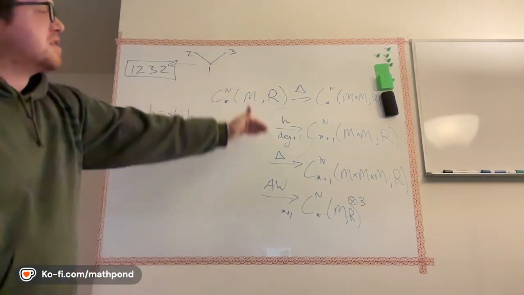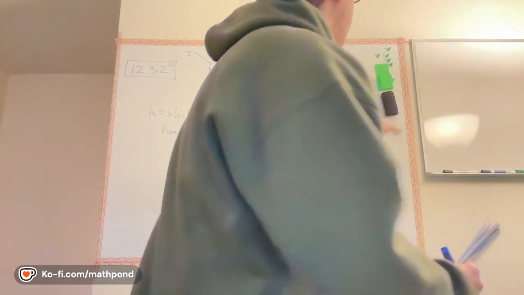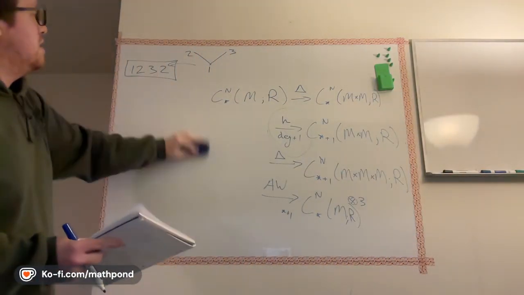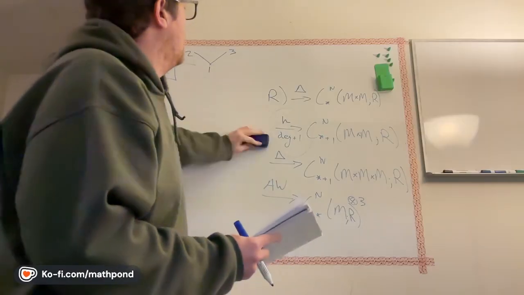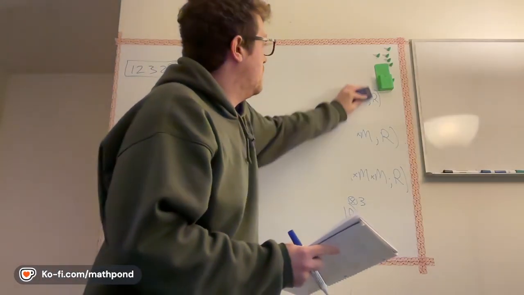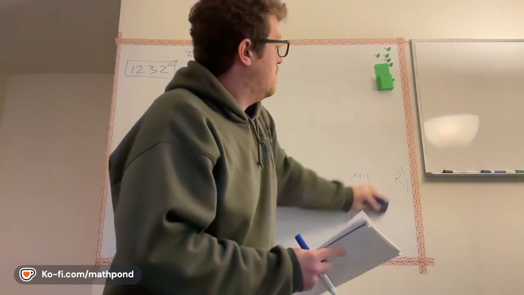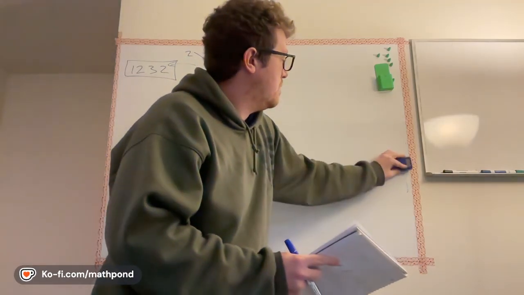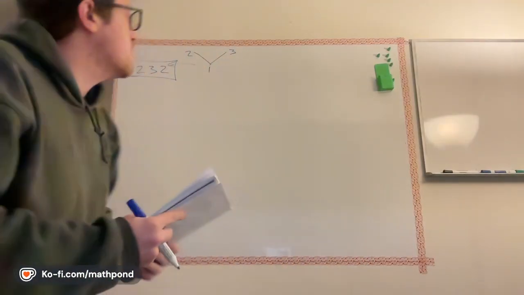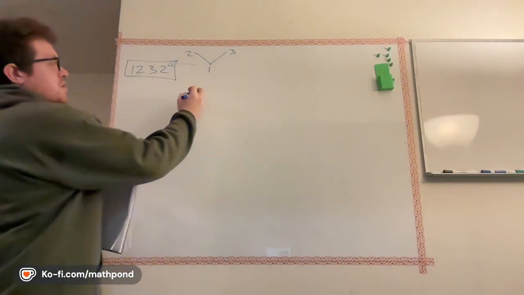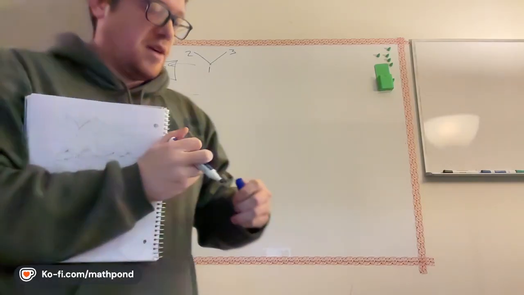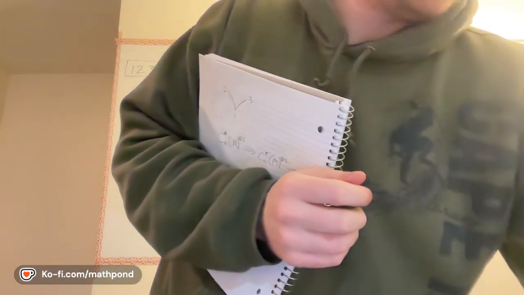Okay, so what is this composition? Let's try to compute this. So the first map is just a delta map, so any simplex.